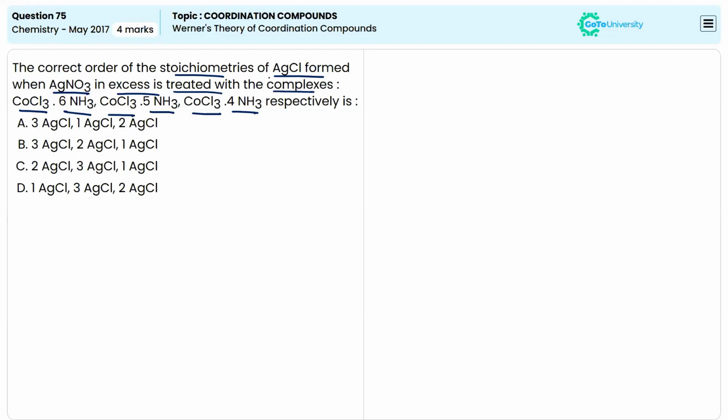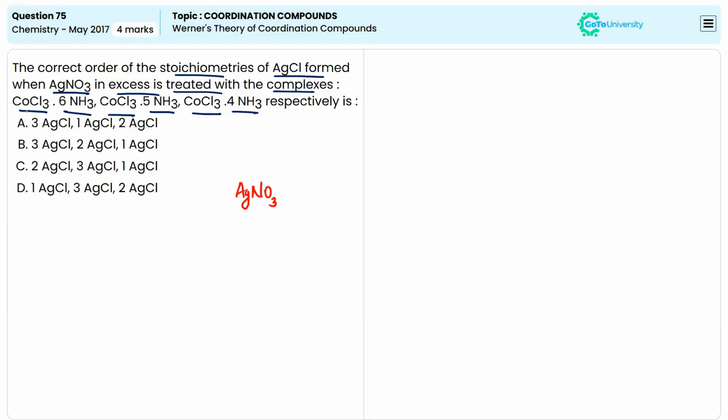So here we have the formulas for three complexes, right? When we add AgNO3 solution to all these three complexes, they will produce a precipitate. What is the number of moles of AgCl precipitated in each case?